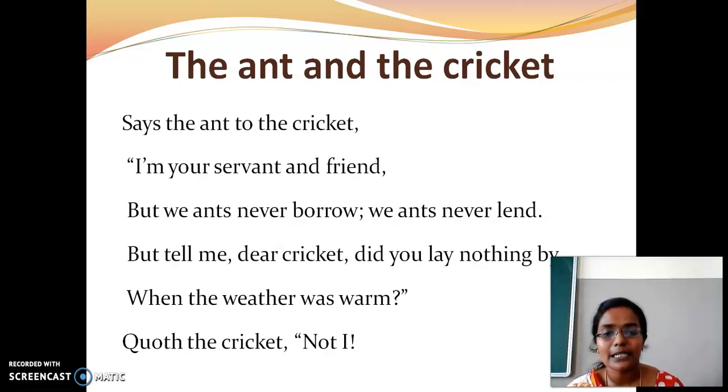This is not a principle which you are going to learn only for today. This can be practiced for the whole lifetime. Don't have the quality of borrowing too much, okay? And try to be a lender, try to help others. But don't try to be a borrower to the maximum extent. So this is what we are learning from the life of the ants.